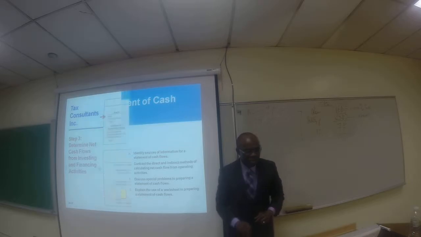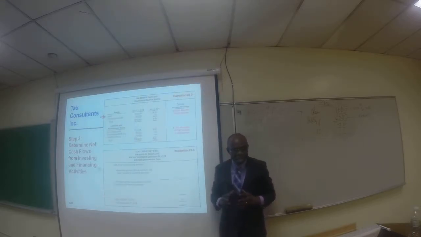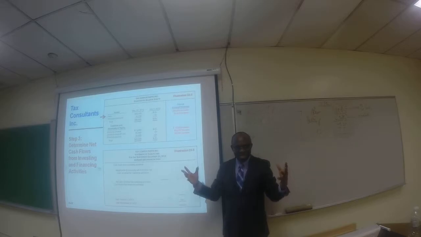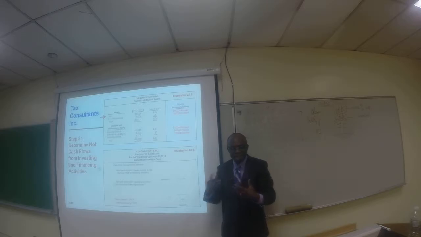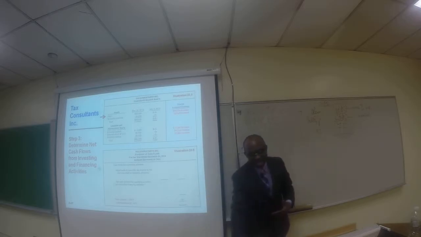Now, moving along, let's take a look at step 3. Step 3 is easy. That is determining net cash flows from investing and financing activities. That is not very challenging. I already talked about the increase in accounts receivable and the increase in accounts payable.